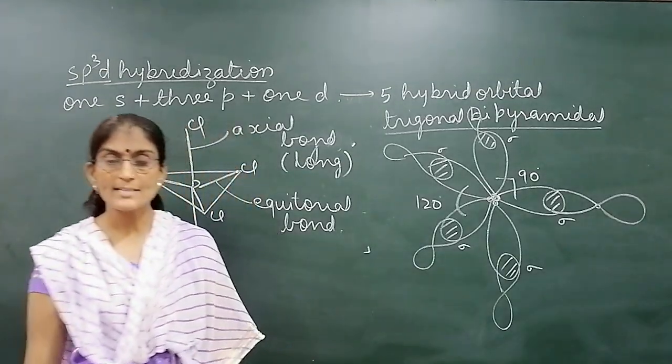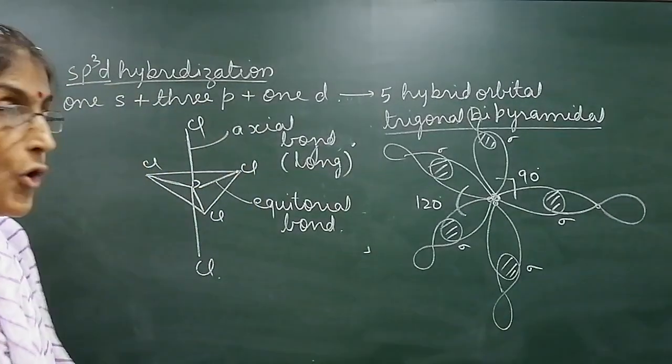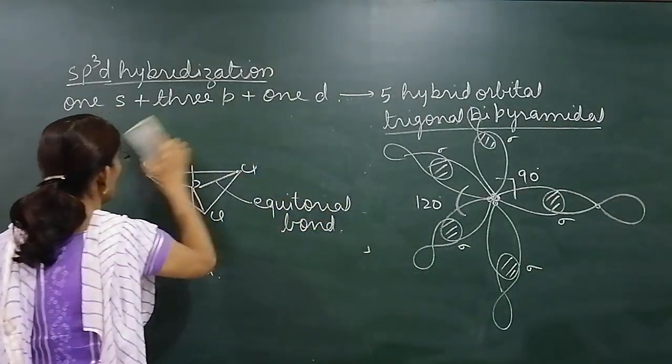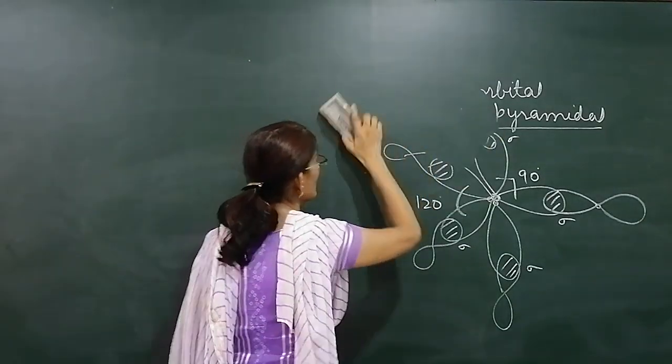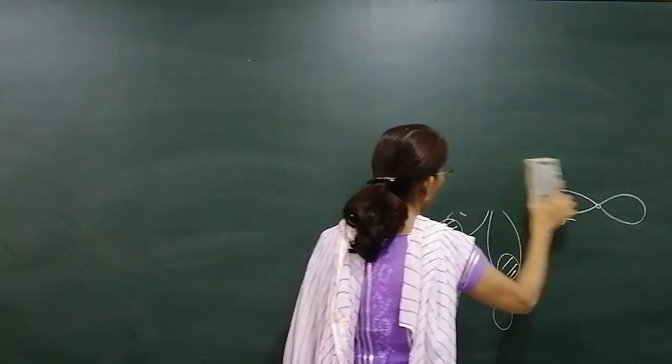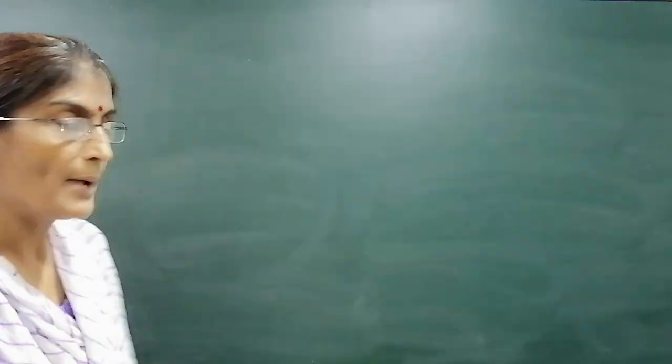Clear? Now the last type of hybridization, and that is for SF6. sp3d2 hybridization. What is sp3d2 hybridization?